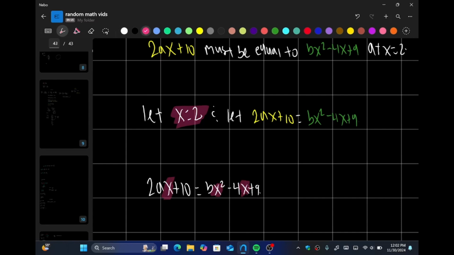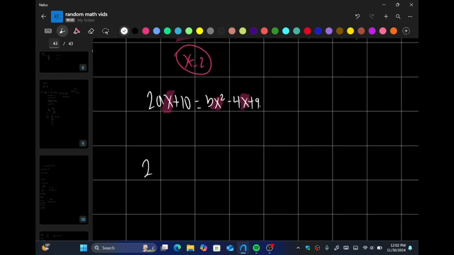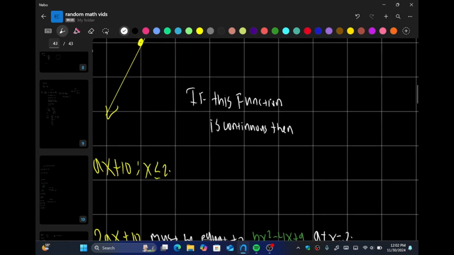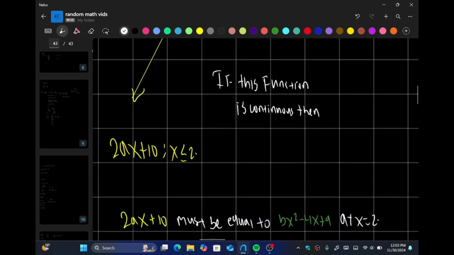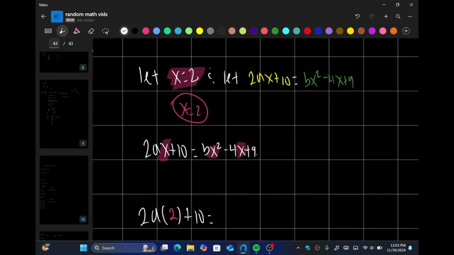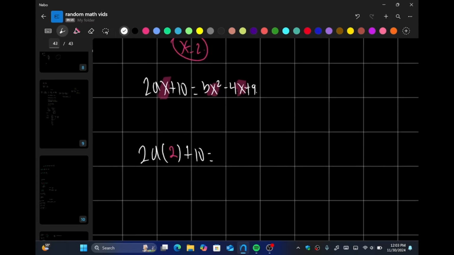So it's going to go 2a times 2 plus 10 equals b times 2 squared minus 4 times 2 plus 9.